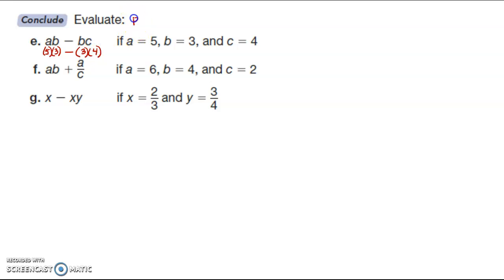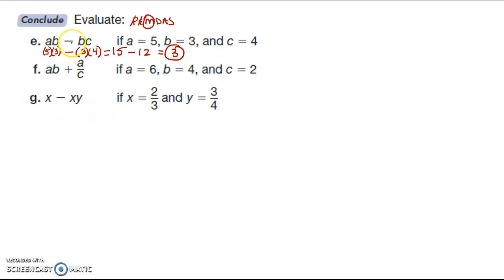And I know from PEMDAS that I need to do the multiplication part first. So 5 times 3 is 15, minus 3 times 4 is 12. 15 minus 12 is 3, and that's my answer.